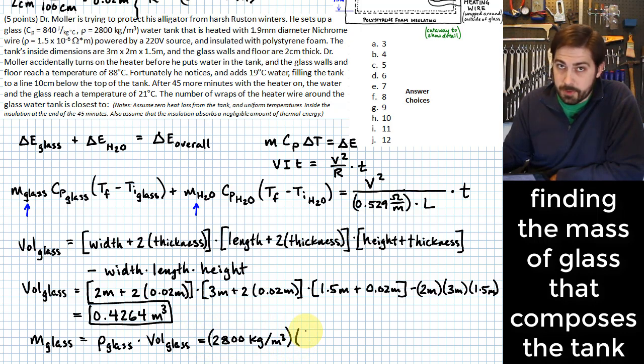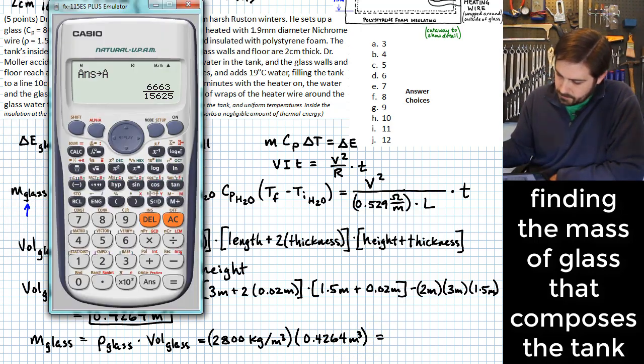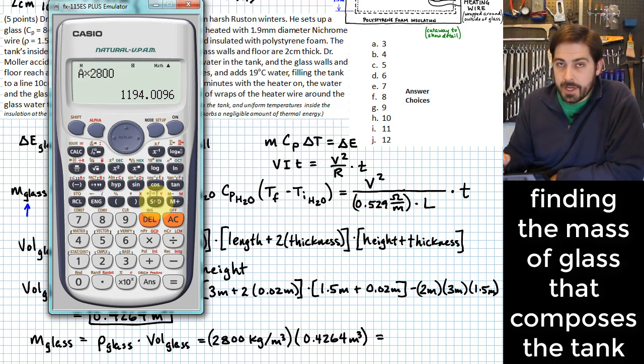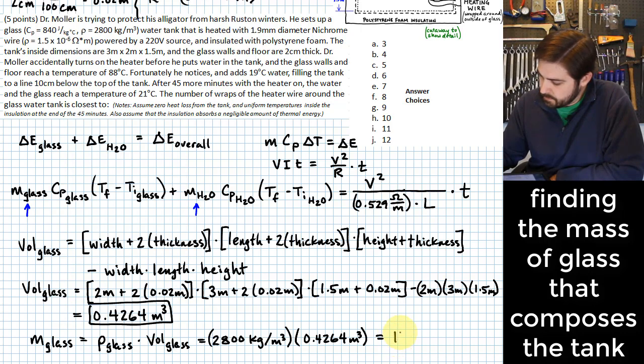And we're going to take that and multiply it by the volume of the glass, which was 0.4264 cubic meters. Okay, so A times 2,800. That tells me that the mass of the glass is 1,194 kilograms.